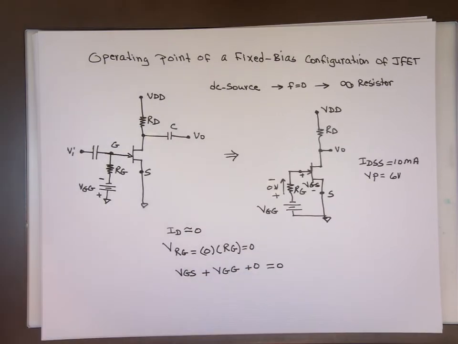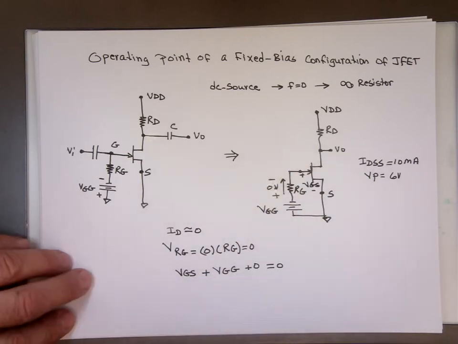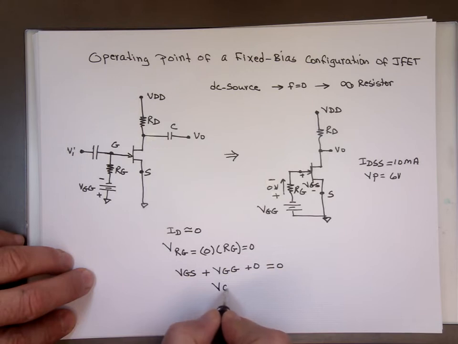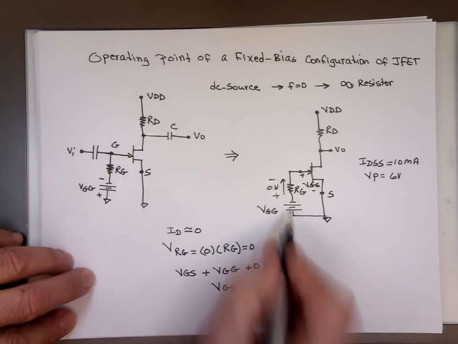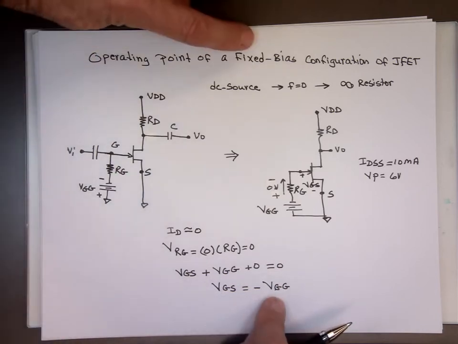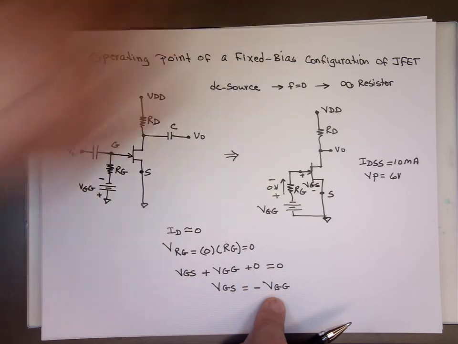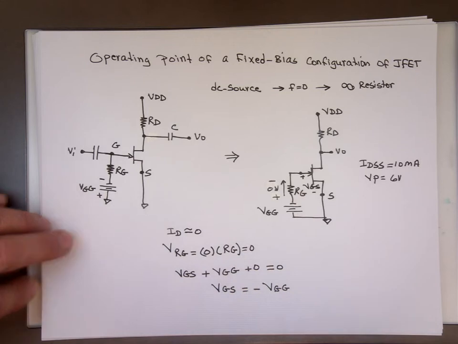Kirchhoff voltage law: sum of the voltage in a closed loop is 0. Or if you do the math, that tells you VGS is equal to negative VGG. And we know that's a fixed number. That's a source there. That's why this circuit is called a fixed bias configuration, because VGS will always be, for this example, a fixed value.